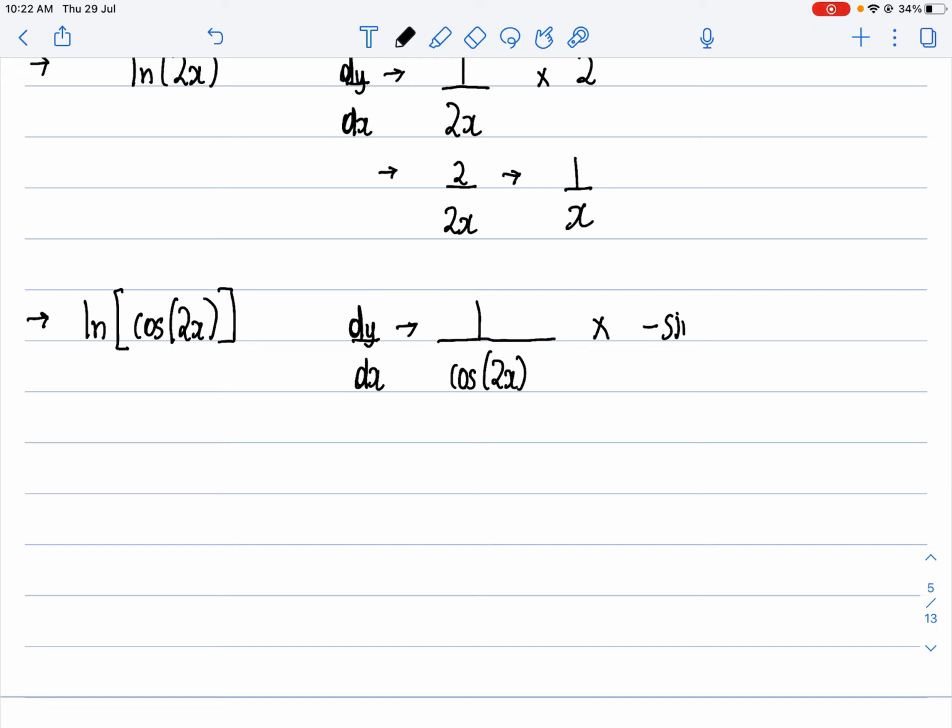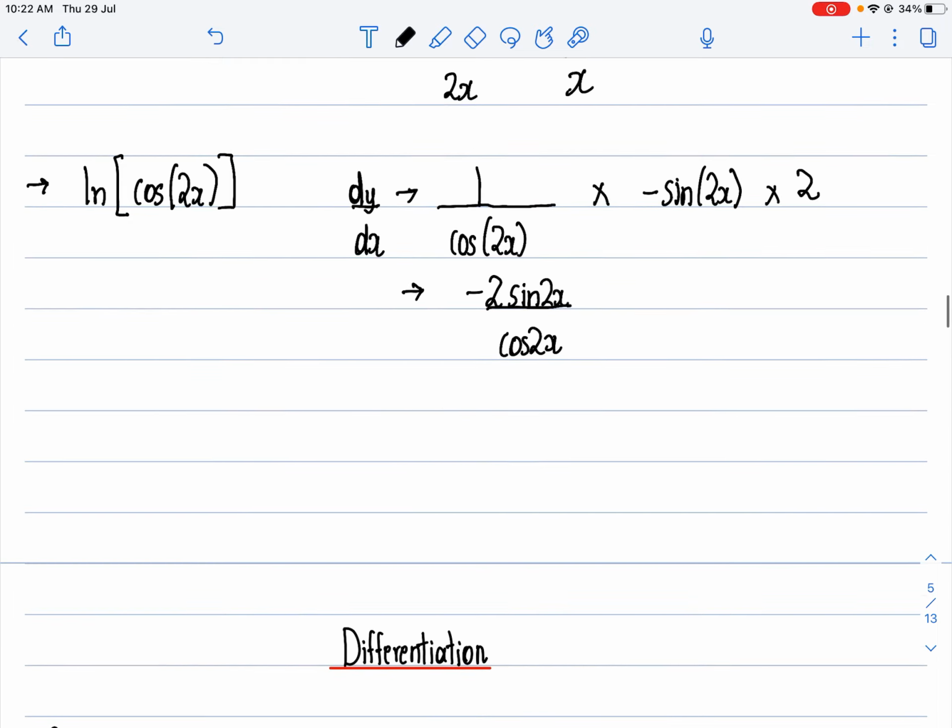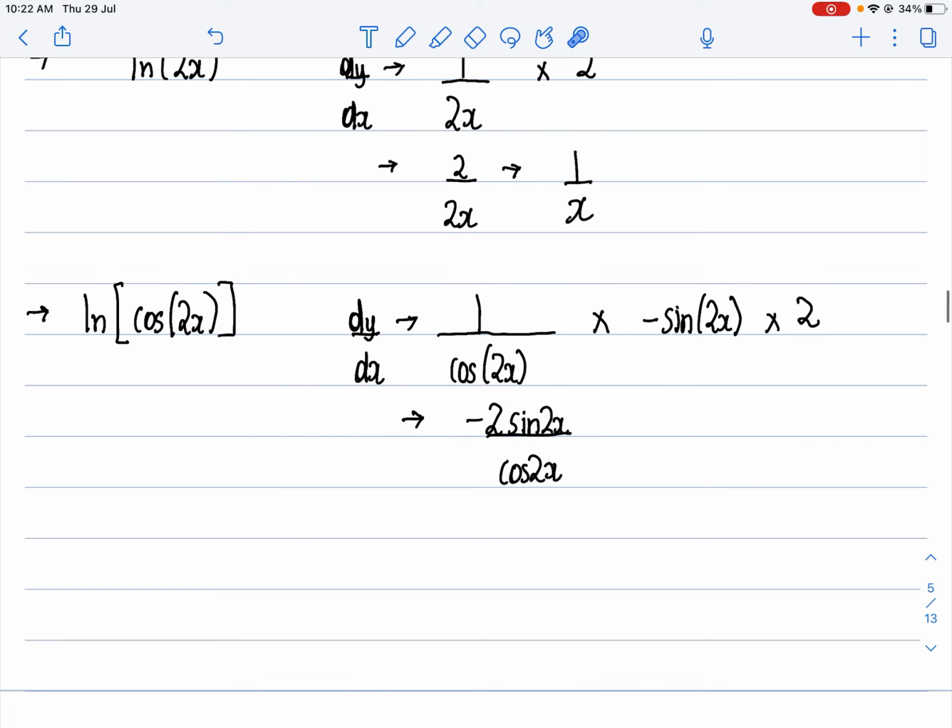So I can write this as minus sine 2x, multiplied by the innermost bracket, the differentiation of 2x, which is 2. So I can simply write this as minus 2 sine 2x over cos 2x. For further calculation, sine 2x over cos 2x is tan 2x. So you can even write this as minus 2 tan 2x.